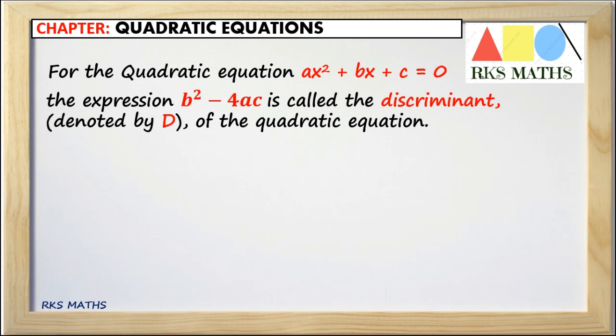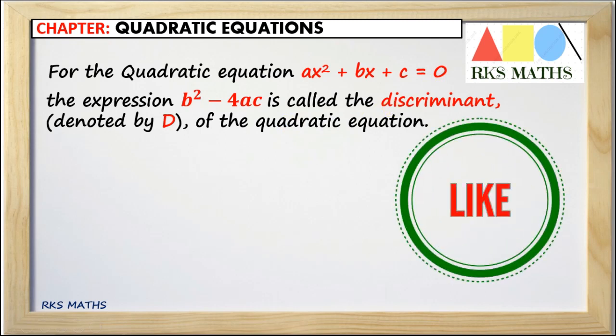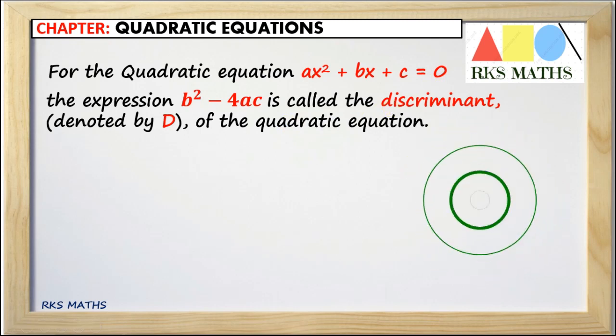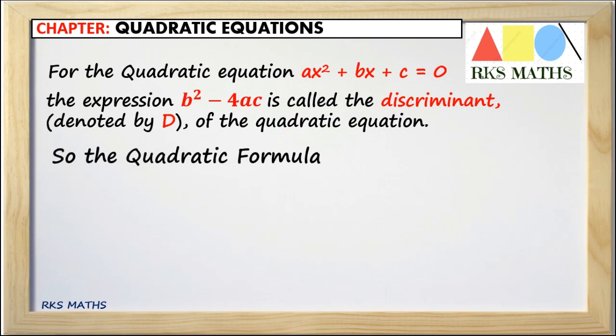As in the quadratic formula, we can calculate this discriminant by putting the values of a, b, c taken from the given quadratic equation. We will be discussing the discriminant in detail in a later part of our chapter.